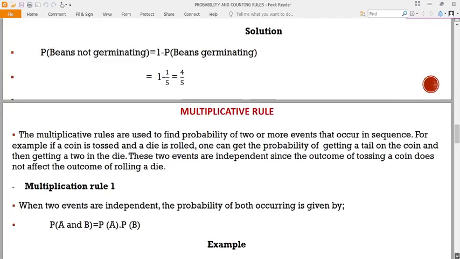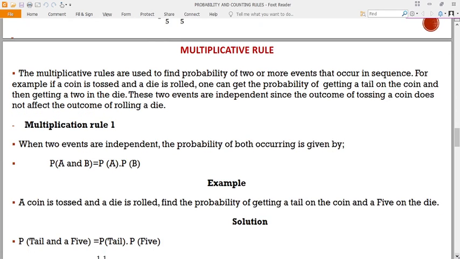So that will give me 4 out of 5. Then the other rule is what we call the multiplicative rule, and this is used in two scenarios. The first scenario is when the events are independent. Independence means that the occurrence of one event does not affect the occurrence of the other event.